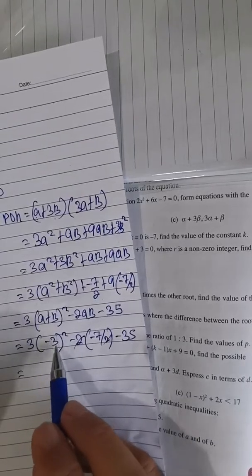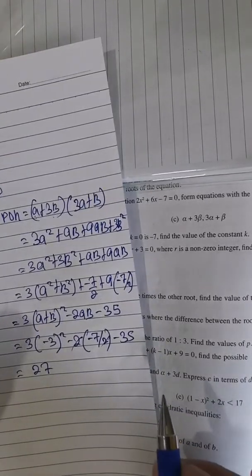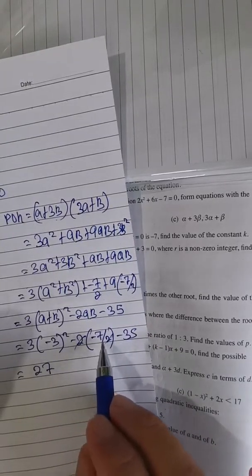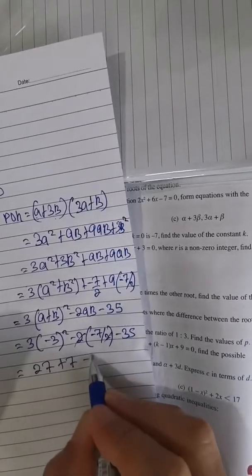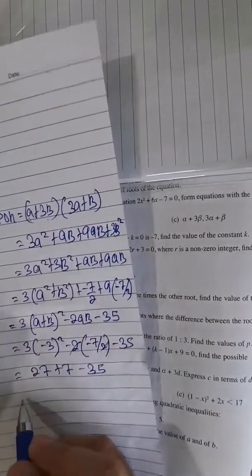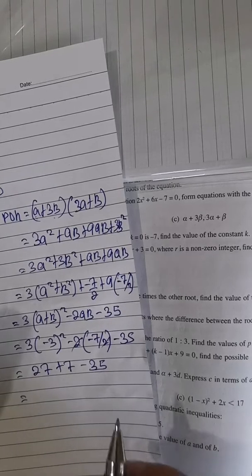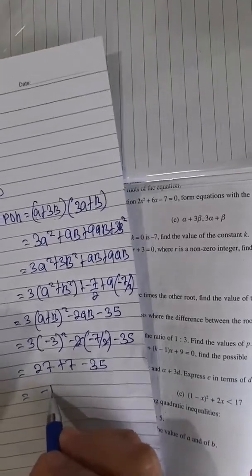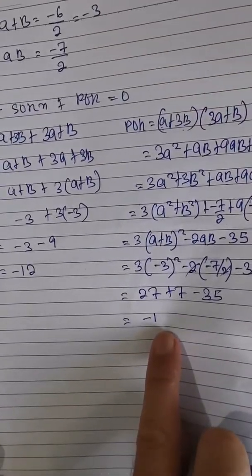This will be 9, and 9 times 3 is 27. Here negative 1 times negative 7 will be plus 7, and minus 35. So 27 plus 7 is 34, minus 35 is negative 1. That is the value of the product of roots.